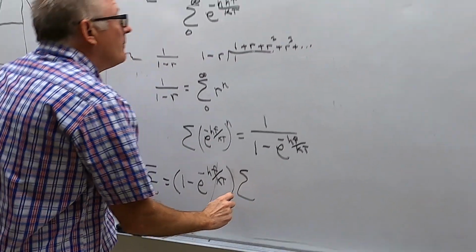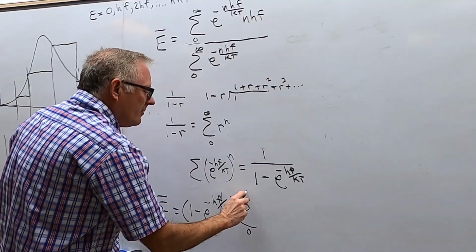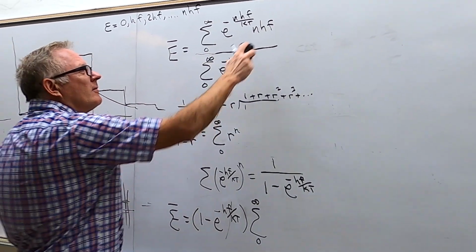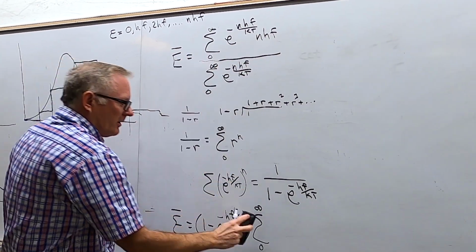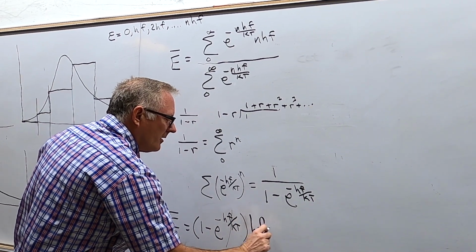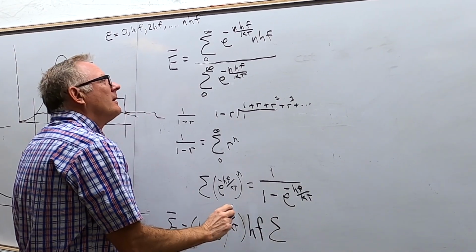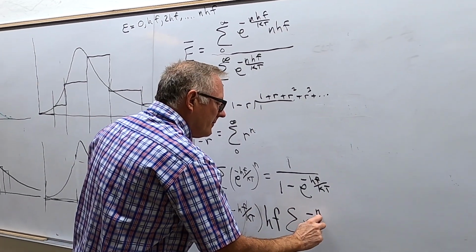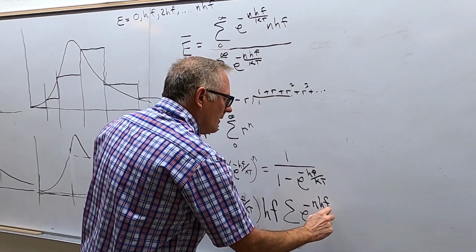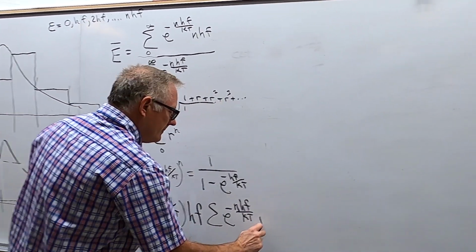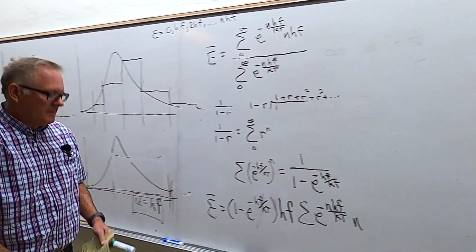The sum from 0 to infinity of, I can pull out whatever's constant. The hf I can pull out in front, so I'm going to pull that out in front. hf, we got the sum of e to the minus nhf all over kT, n, right there.